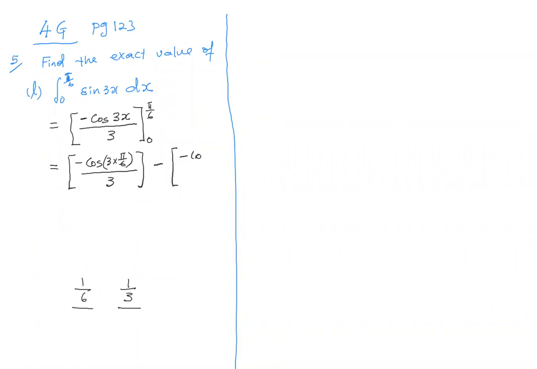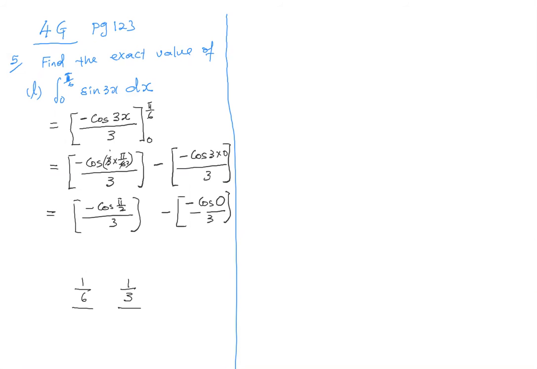negative cos 3 times 0 over 3. This one simplified, you get cos pi by 2 over 3, take away negative cos 0 over 3.